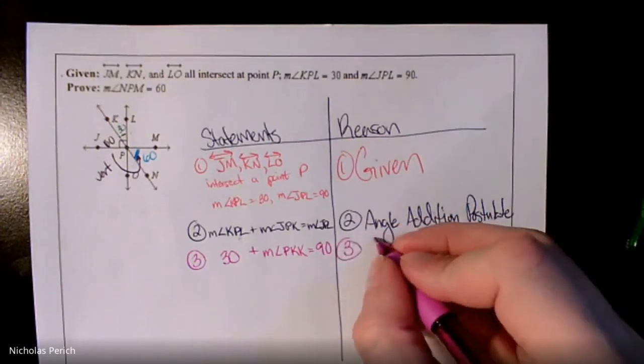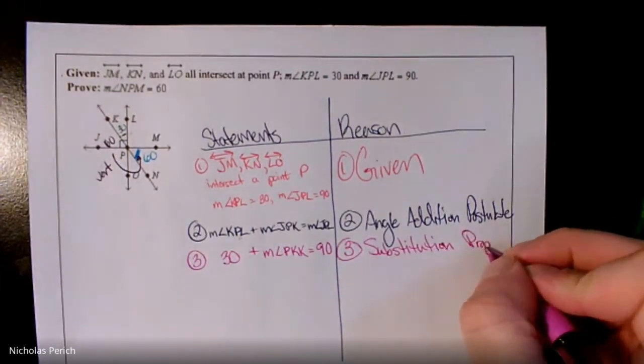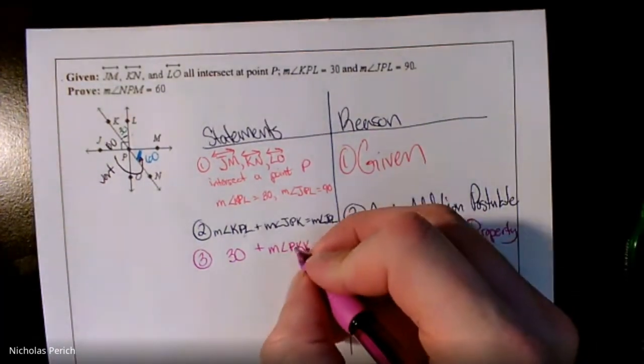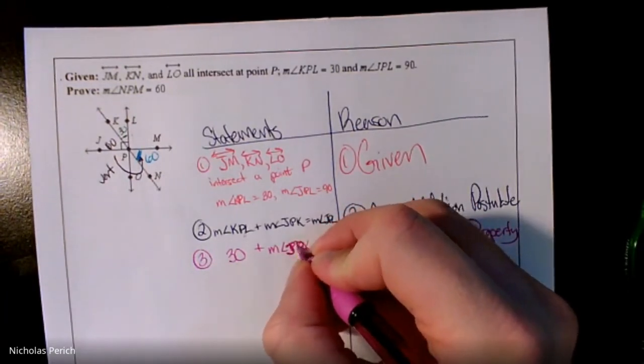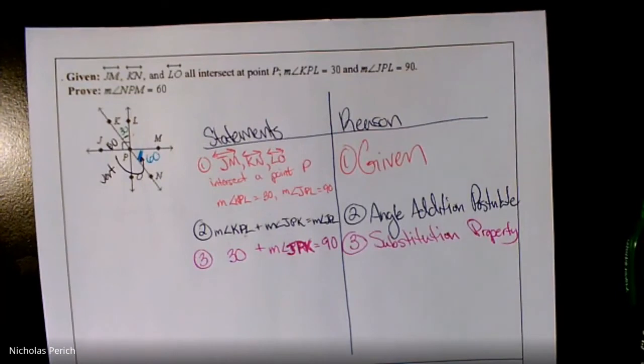Well, I used the substitution property, of course. 30 plus the measure of angle JPK equals 90. My bad. Sorry about that.